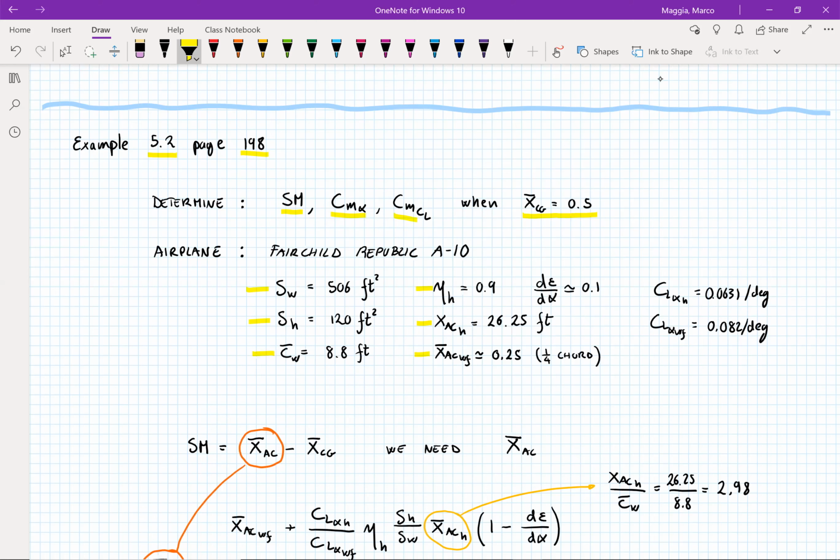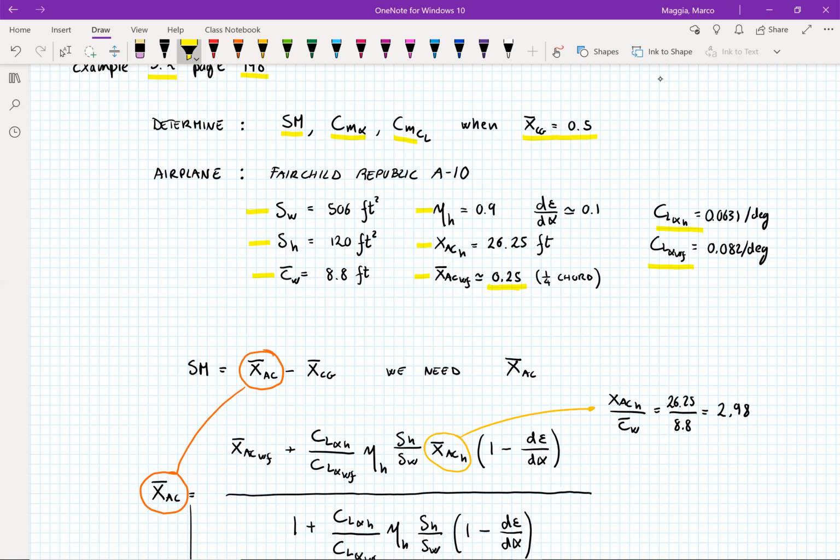This is usually a good assumption. Aerodynamic center, you might have heard, is usually taken as 1/4 of the chord. And then we're also given the values of CL alpha H, and CL alpha WF.